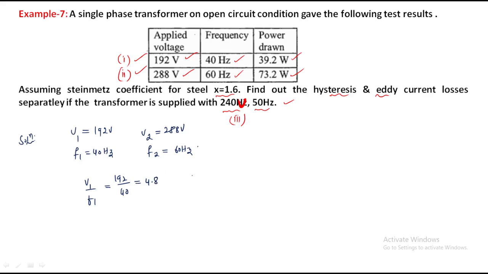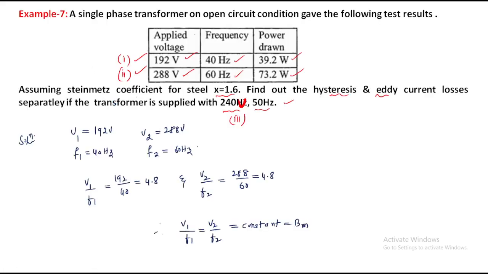Like that, V2 by F2 equals 288 by 60. Obviously we are going to get 4.8. Therefore V1 by F1 equals V2 by F2 equals constant, which is B max, right? B max is constant.